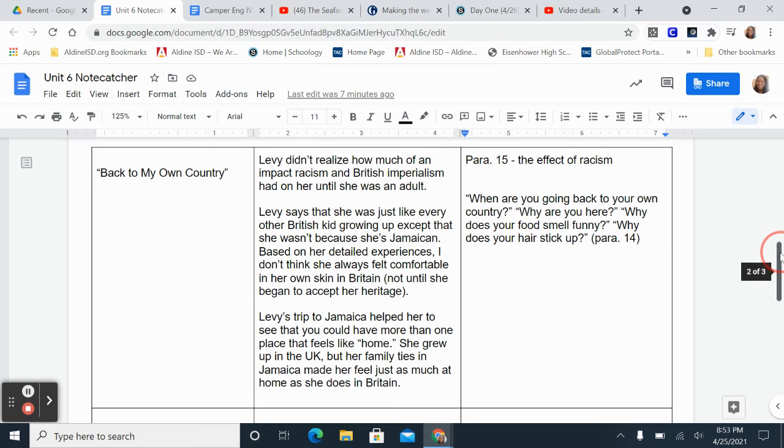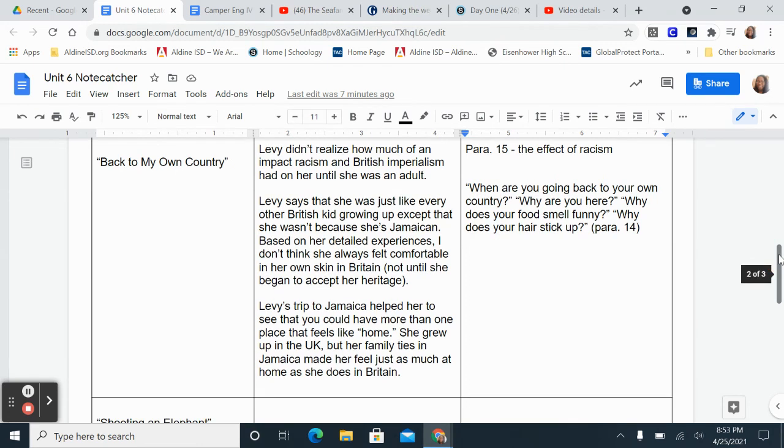The last insight that I have is that her trip to Jamaica actually helped her to see that she could have more than one home, which is probably why the title of the essay is Back to My Own Country. My own country being that Levy's parents are from Jamaica.